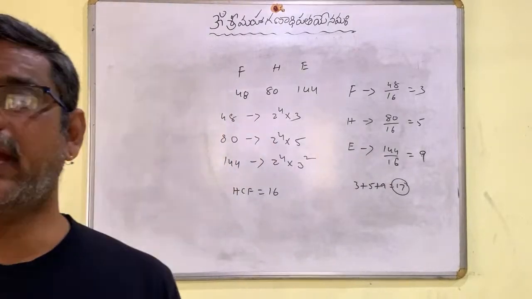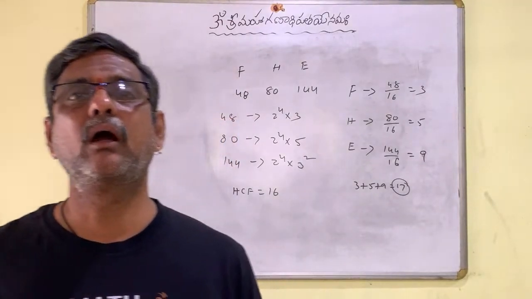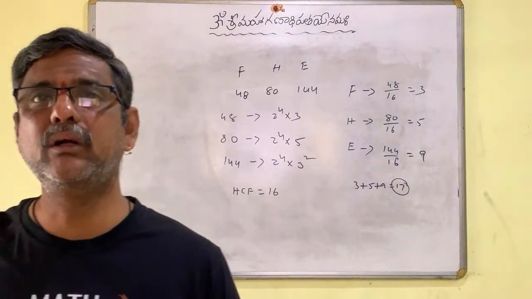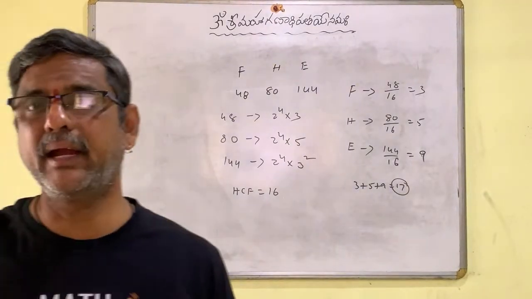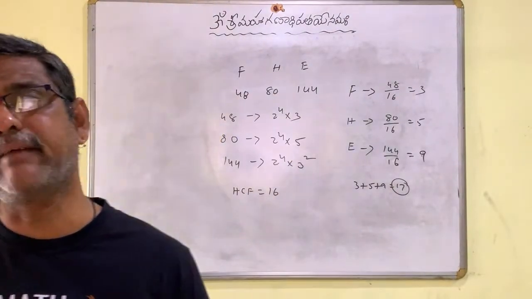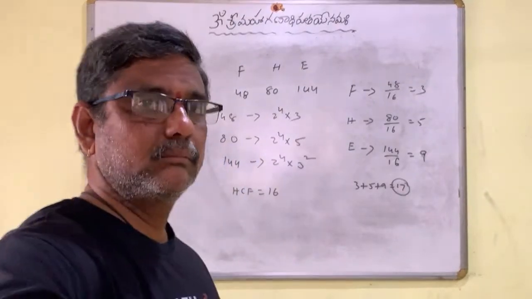So we need 17 rooms to accommodate all these 272 teachers, and each room contains 16 teachers, and that too of the same language. This is what the question is. Okay na?